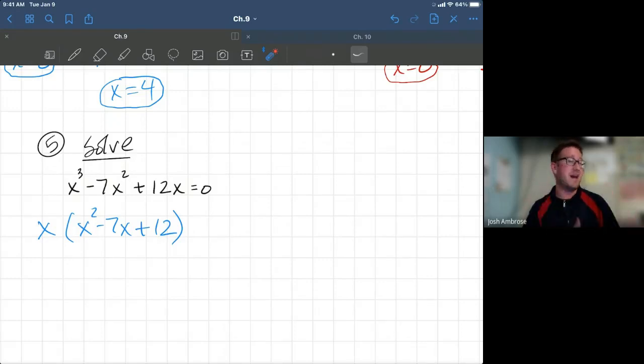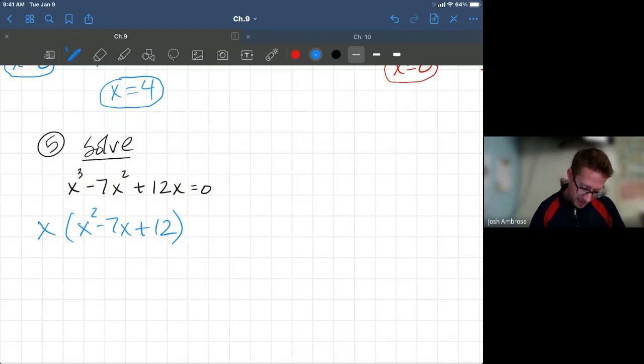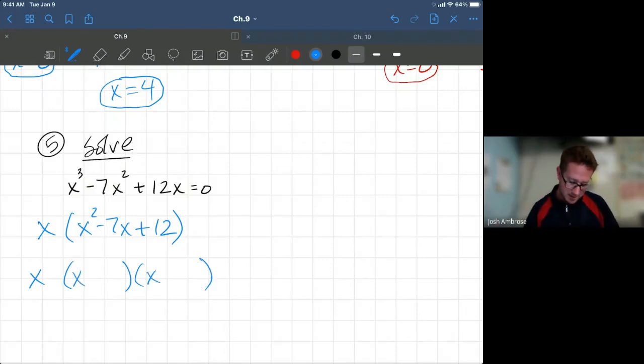This is just factoring a trinomial, meaning that we have to find the 2 numbers. There's x, there's x. Don't forget the signs. When your signs go minus, then plus, in parentheses, it will go minus and minus.